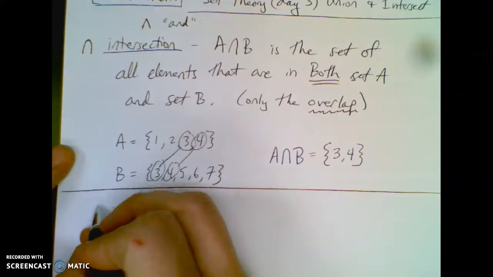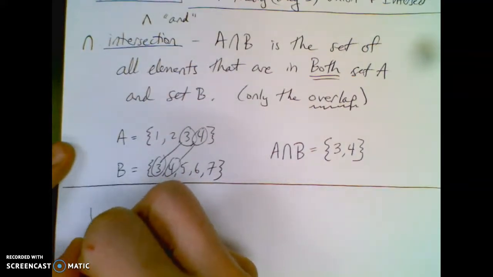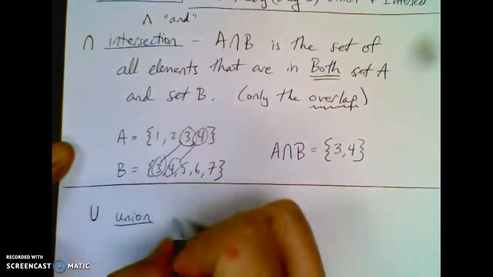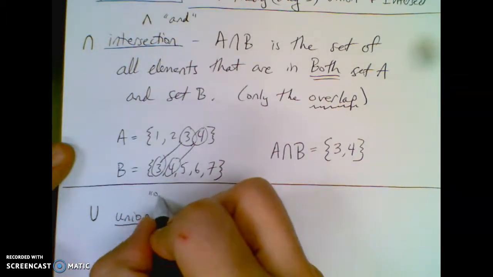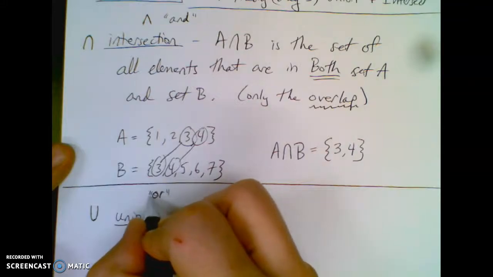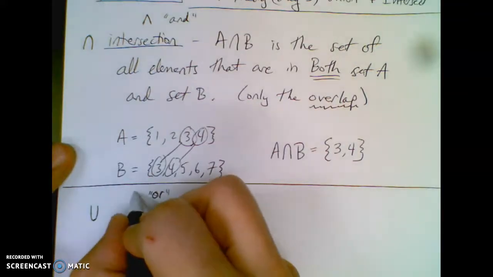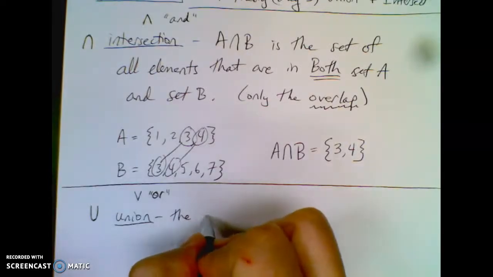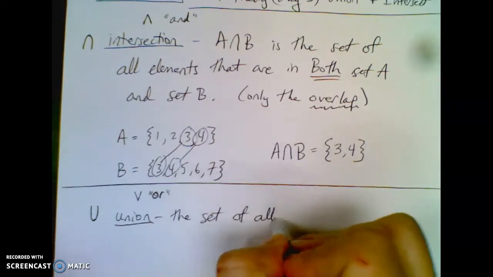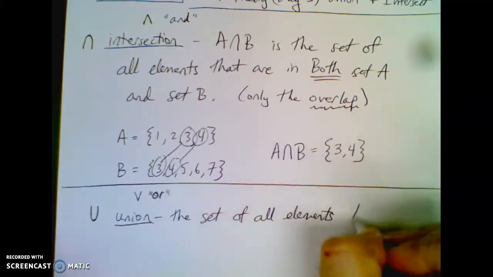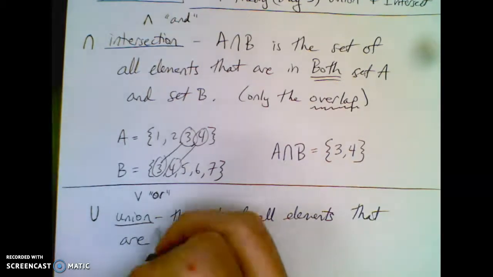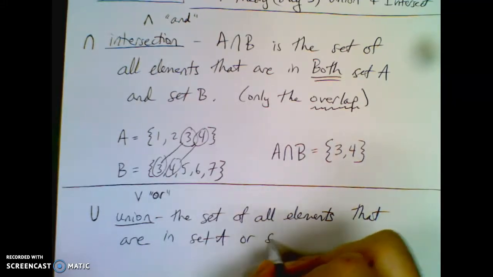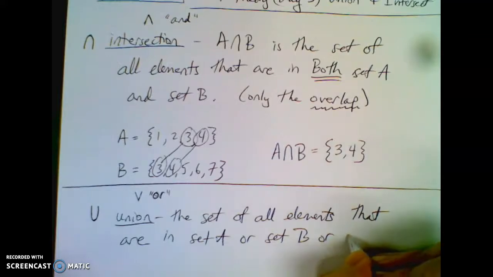Okay, so another one is union. Its symbol is the right side up version of that, which looks like a U, so it makes sense that it's called union. It's the or one. If you were doing statistics or logic, the idea of union is or, if I were doing logic, I would have this. Okay, and union is the set of all elements that are in set A or set B or both.